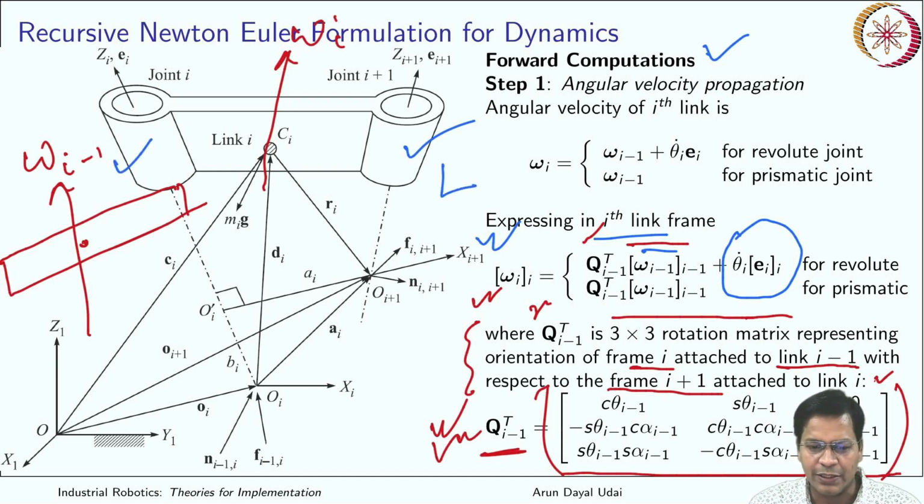This comes later, this comes prior. So you have to calculate this from this. You have to go from the bottommost first link to the last link. That is how we move.